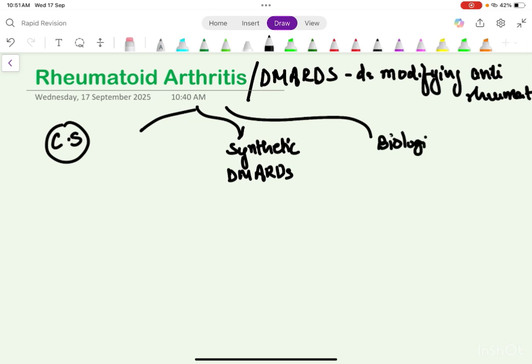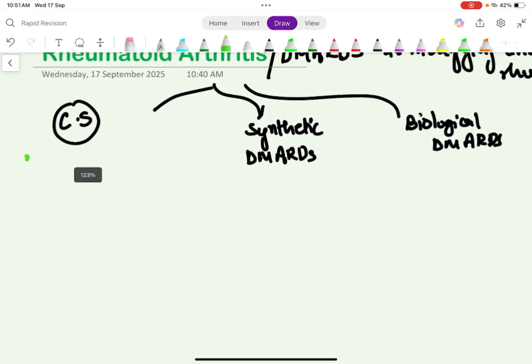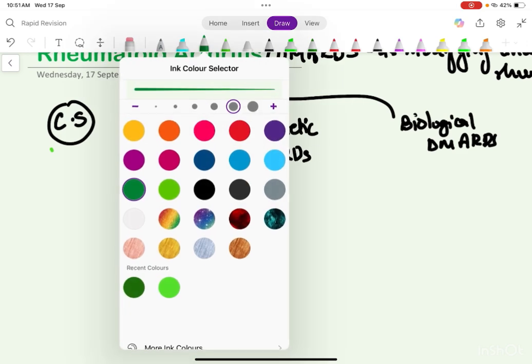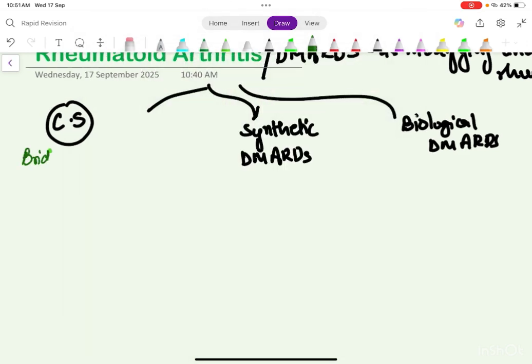Now we'll talk about each one individually. Corticosteroids are usually given as a bridge therapy.